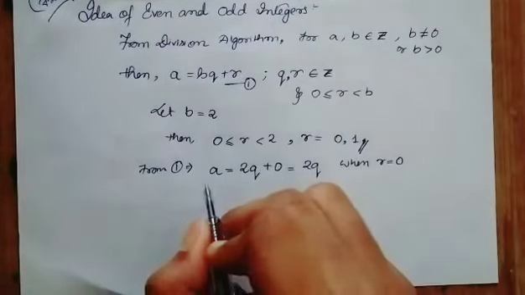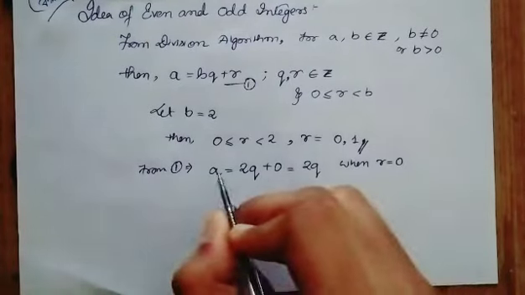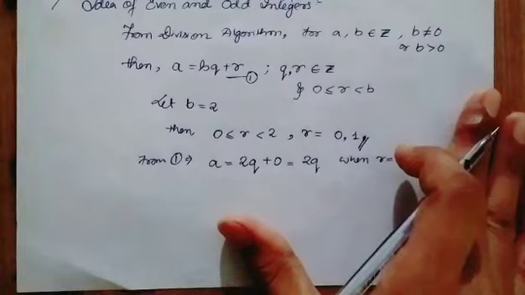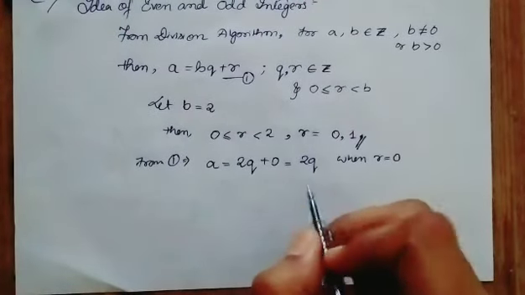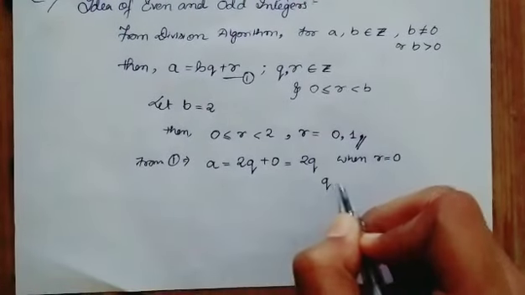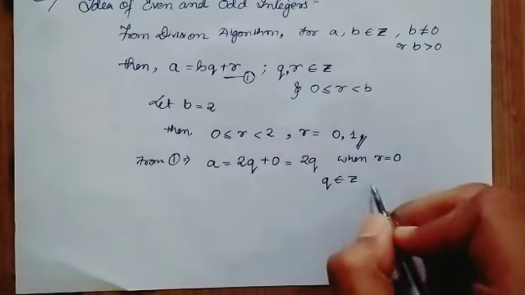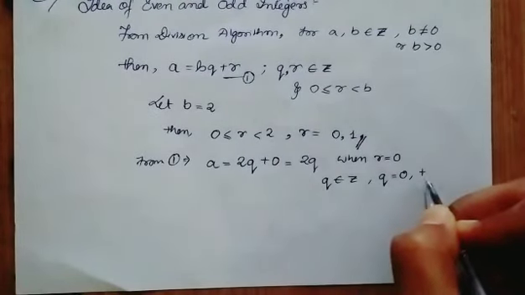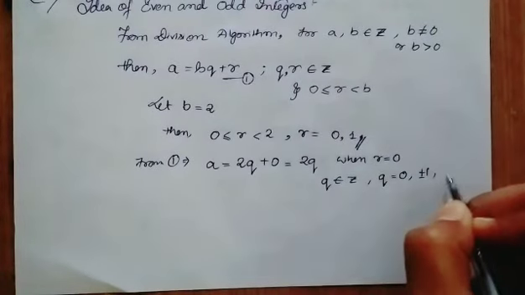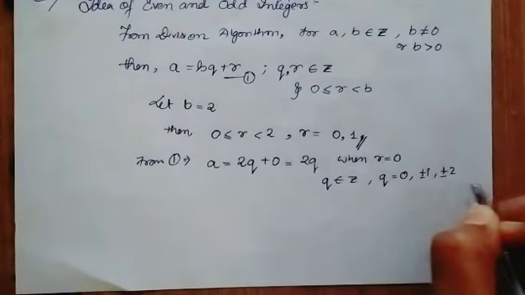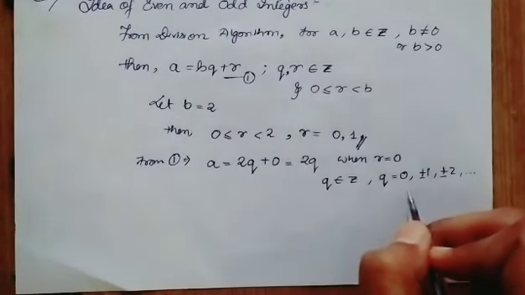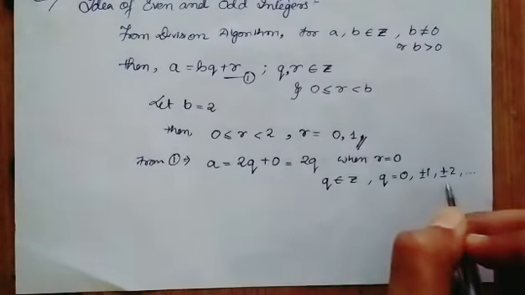We know that q is an integer, that is, the value of q is 0, plus or minus 1, plus or minus 2, like this.